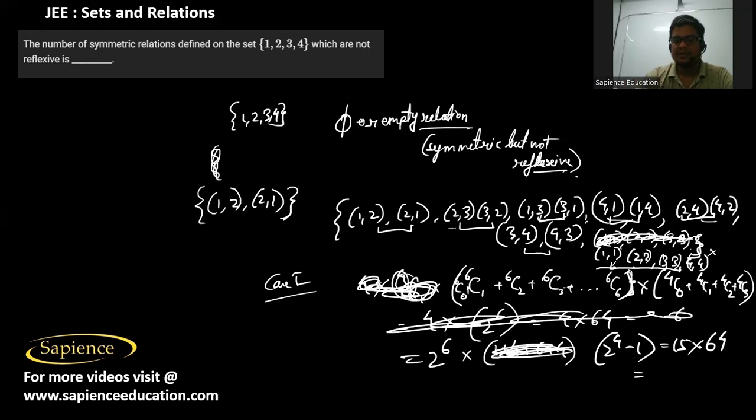So this will be 15 into 64. 15 times 4 is 60, 15 times 6 is 90, so this will be 960. So the number of symmetric relations defined on this set which are not reflexive will be 960.